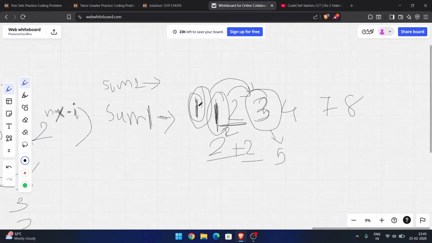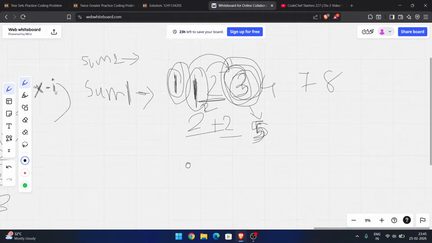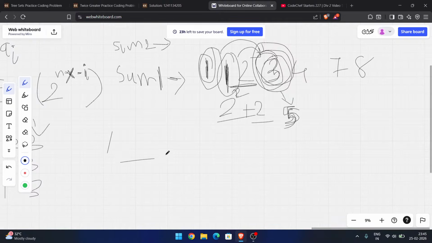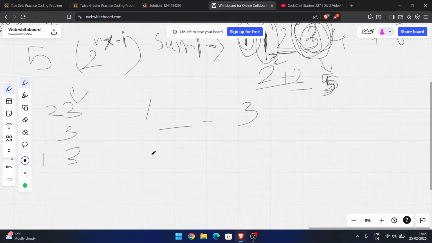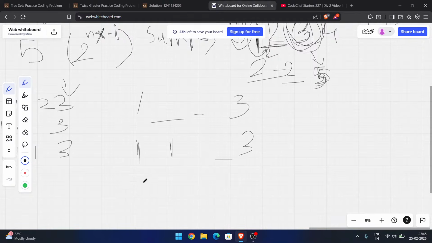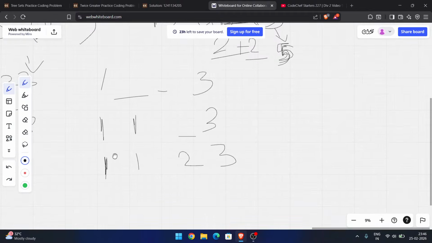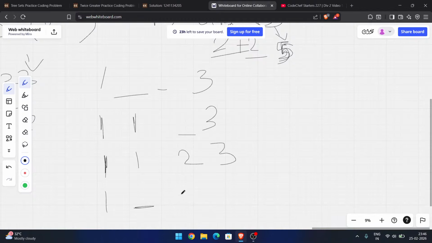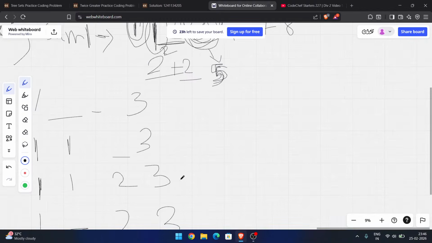Now if you calculate all the subsequences till here, you will know that every subsequence which ends at 3, there will be only 5 subsequences. Which are these 5? One is this, the second is this, the third is this, the fourth is this.